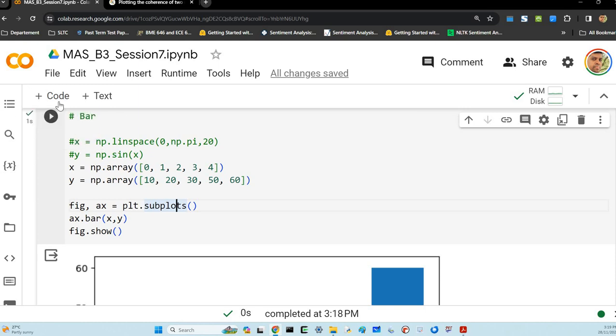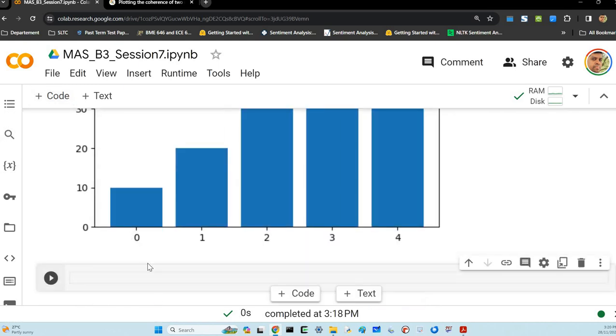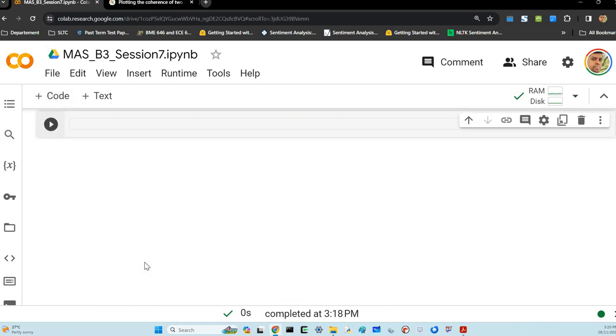So the last one under this. Let's have a pie chart. Usually for a pie chart we can have some values.